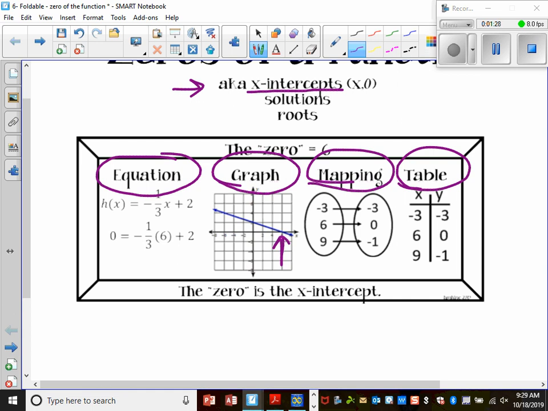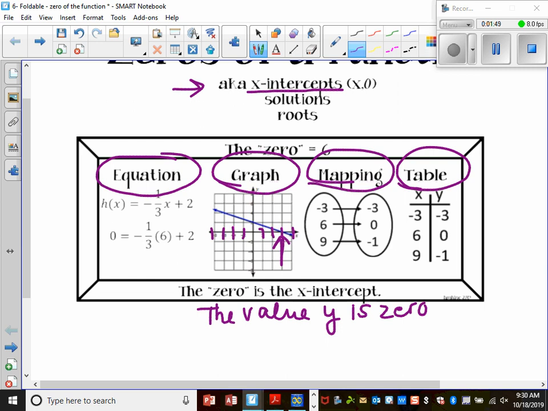If you are on the x-axis, that means anywhere on the x-axis, what would be the value of y if you land on the x-axis? Right, so let's write the value of y is 0.